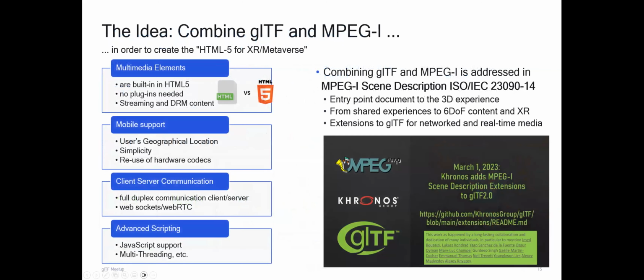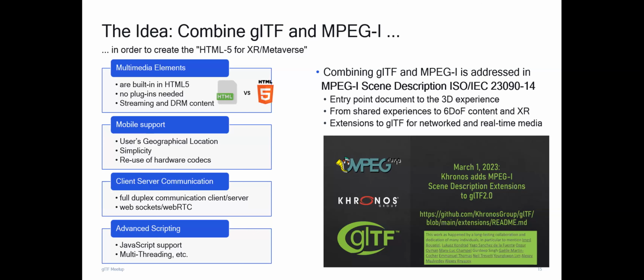And basically, that led to something where we said, let's combine the best of the two worlds, and let's use glTF as a baseline and use MPEG-I as basically the framework to integrate. And we basically synonymously said, let's create something like, and I apologize if you feel this is wrong, an HTML5 for the XR and metaverse. And actually what HTML5 did, and there's a bit on the left-hand side, is it extended HTML to something that basically integrates multimedia real-time elements directly.